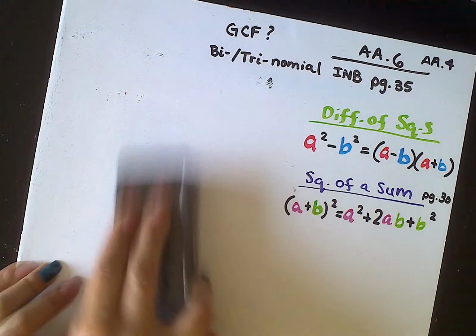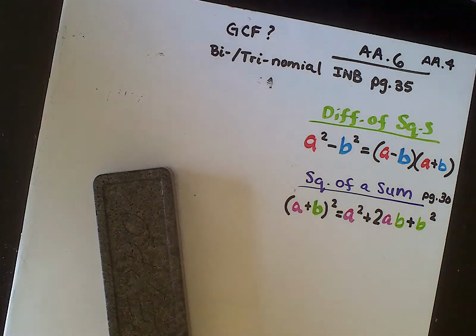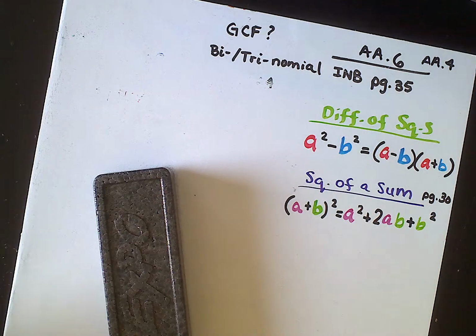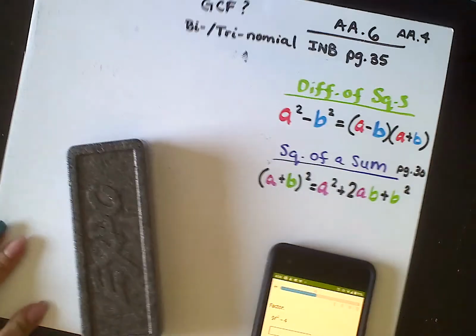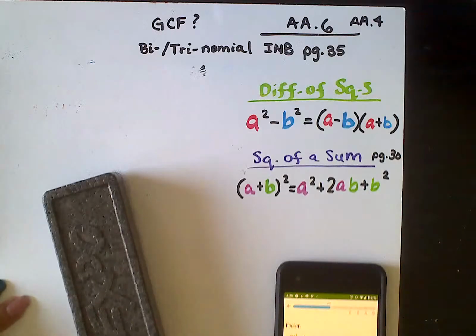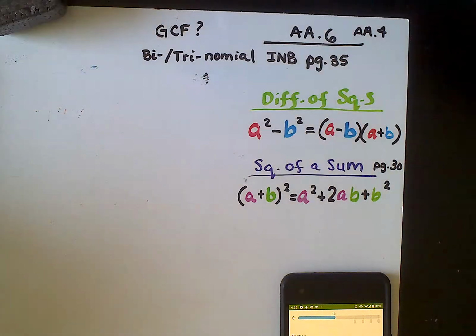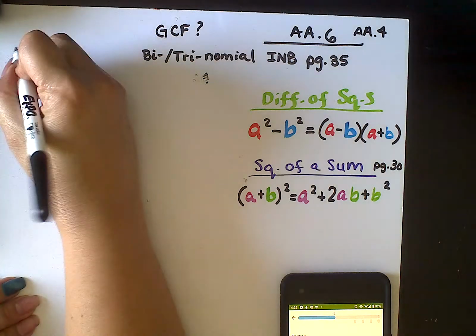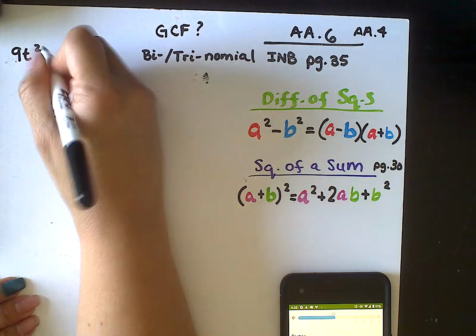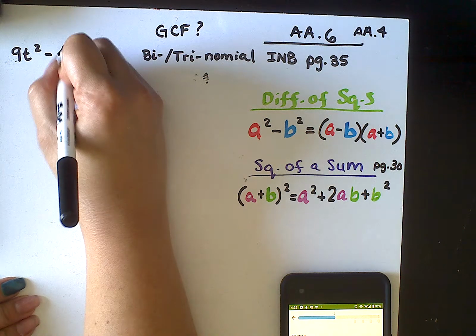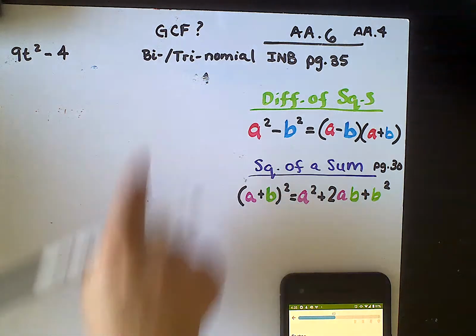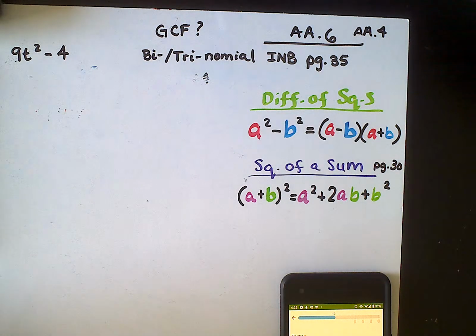So let me move on to the next one on my phone, which is a binomial. So it's a nice little break from here. This one is nice and easy because it's 9t squared minus 4. So first off, do I have a GCF?